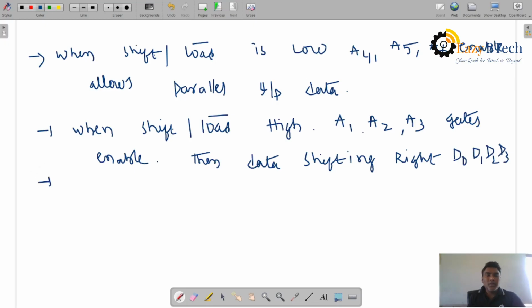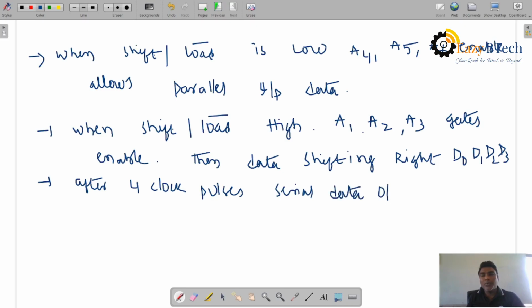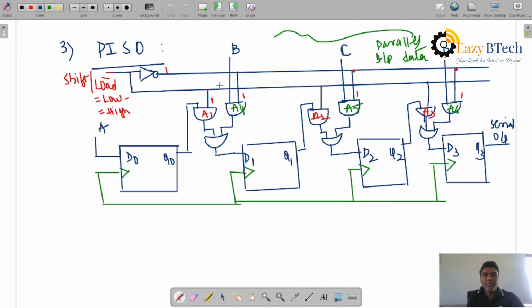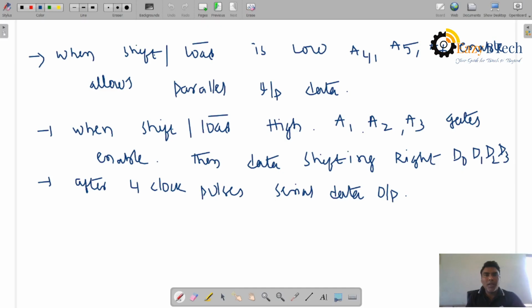So then after four clock pulses, what happens? The data output is taken. So serial data output is taken. This is what happens in this parallel in, serial out.